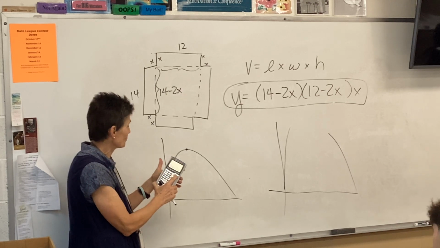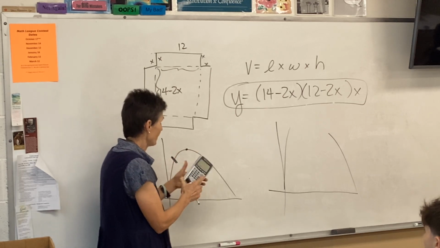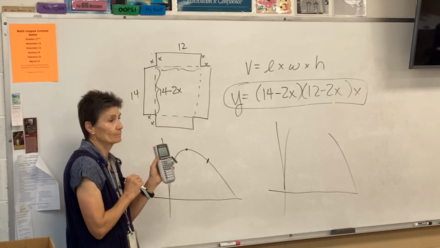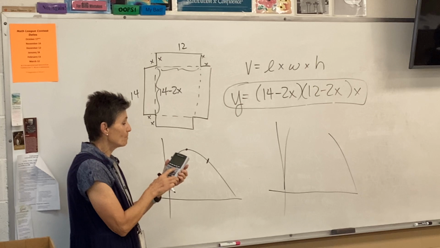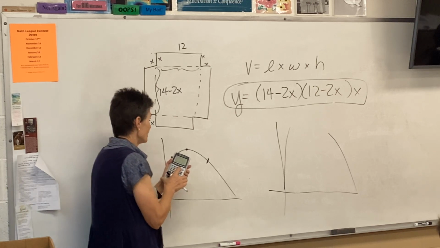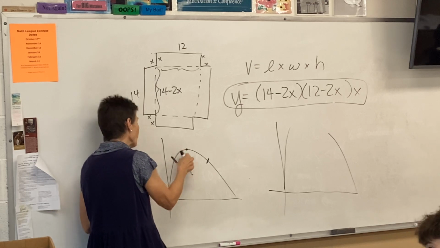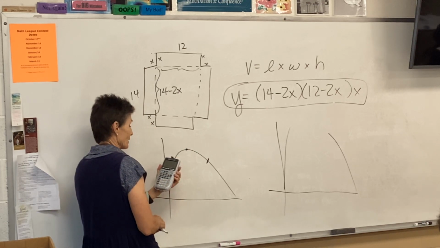Move that cursor to the right, and press enter. Then simply move your cursor somewhere in the vicinity of the point. It doesn't have to be exact, and press enter.